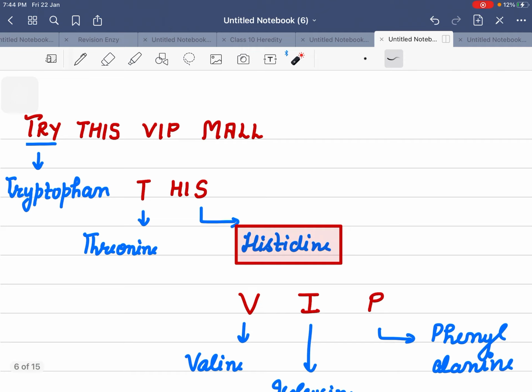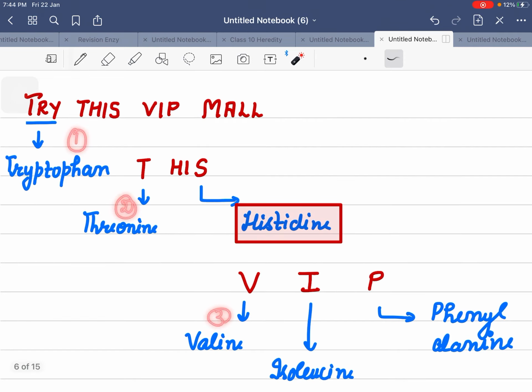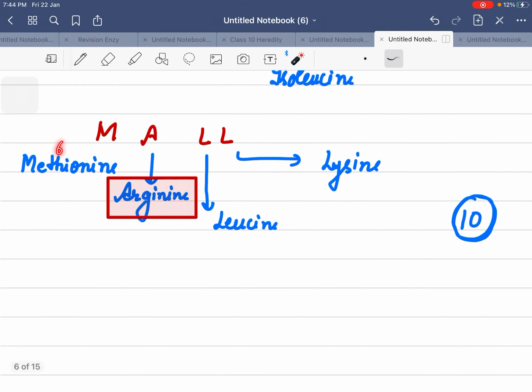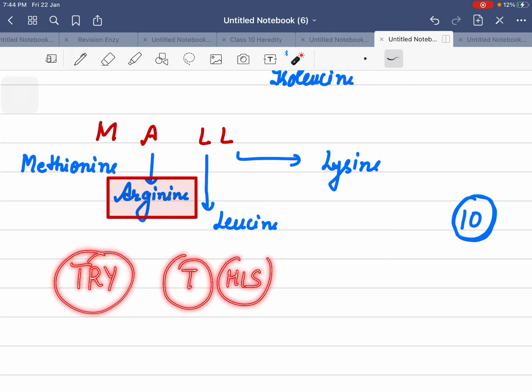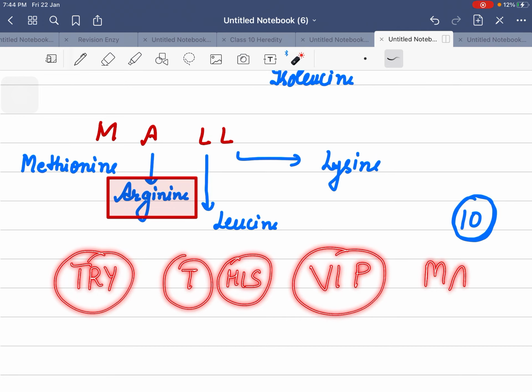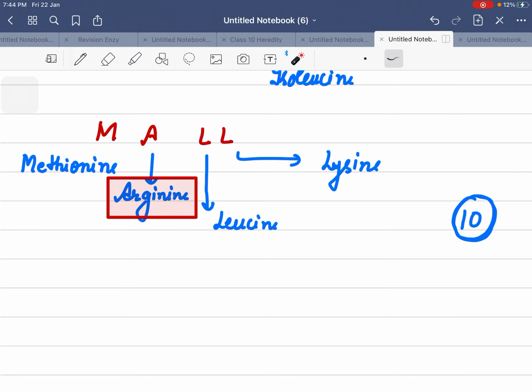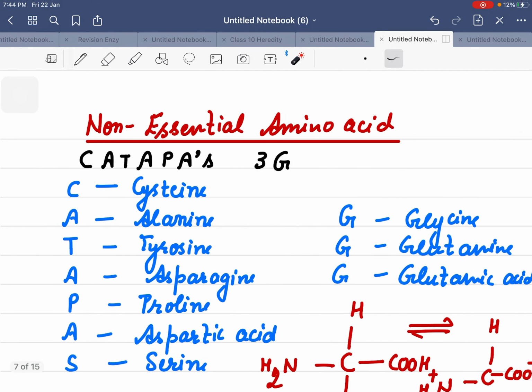So we have 8 essential amino acids: tryptophan, threonine, valine, isoleucine, phenylalanine, methionine, leucine and lysine. So what do you need to remember? Try this VIP mol, right?